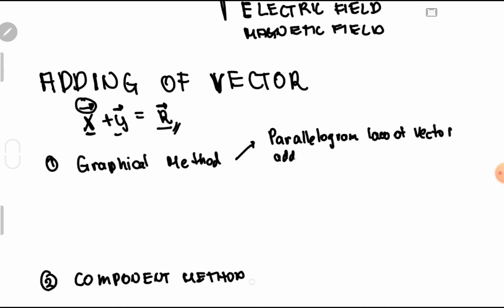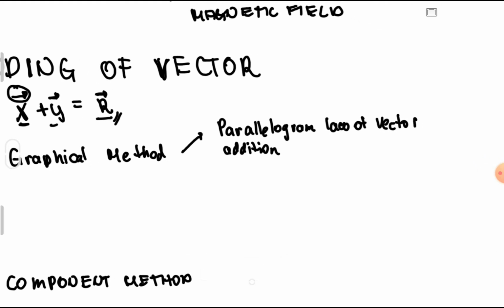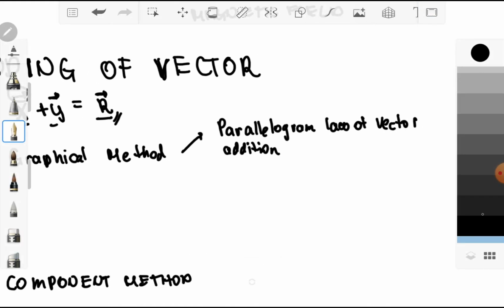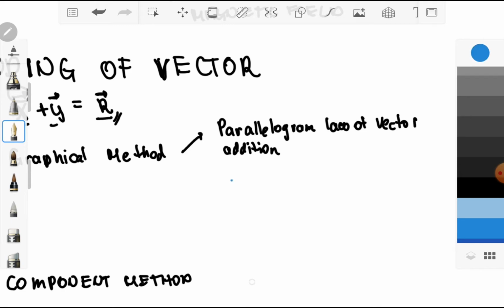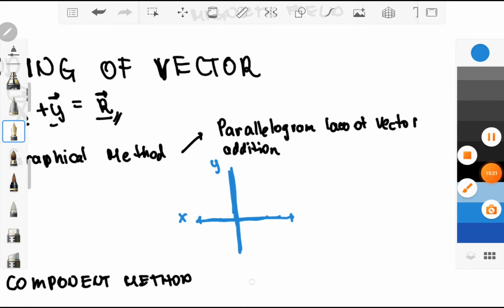Let's say I have forces F1 and F2. I will change the color of the coordinate plane. Let's say I have my Y and my X. If we add two quantities, we have F1 and F2.